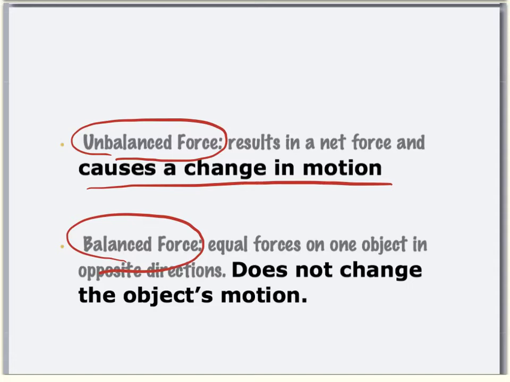So if I'm pushing on a desk with a certain amount of force, and Eugenia is pushing against the desk in the opposite direction, but she's pushing harder, that is an example of an unbalanced force, and that's going to cause the object to move. If, for example, two people are pushing on something in opposite directions with an equal amount of force, that does not cause the object's motion to change. So we call that balanced forces.